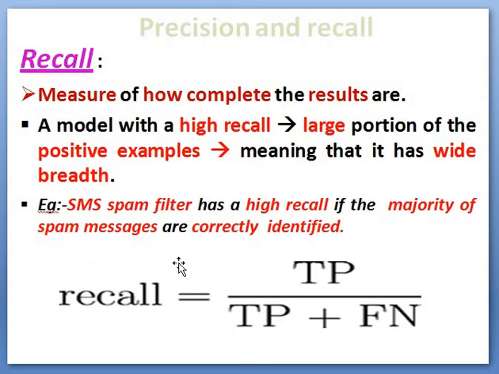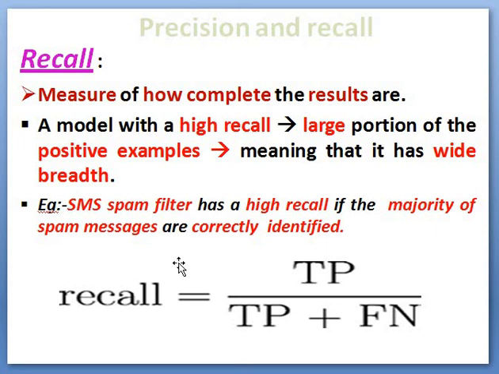The next measure is recall, a measure of how complete the results are. A model with high recall captures a large proportion of the positive examples. In other words, in this example of an SMS spam filter, high recall means the majority of spam messages are correctly identified.